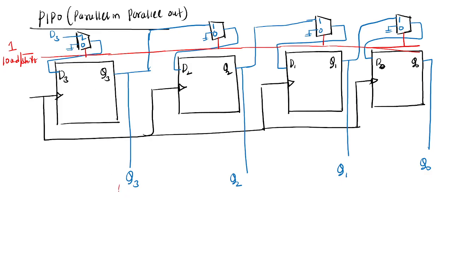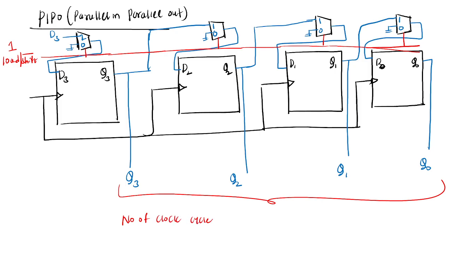After that, parallelly you are taking out. So how many clock pulses are required? Only one clock pulse. Number of clock cycles to get data at the output equals one clock cycle.